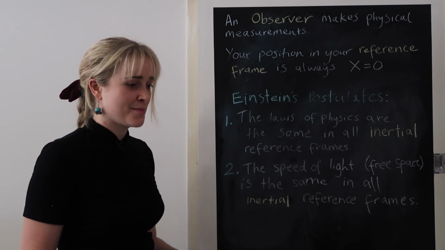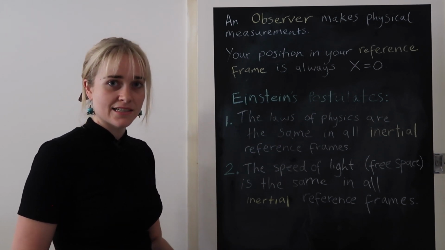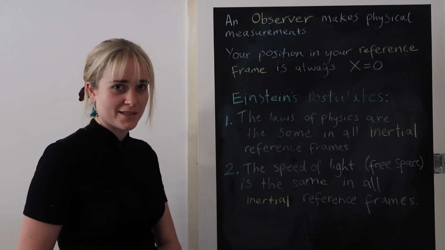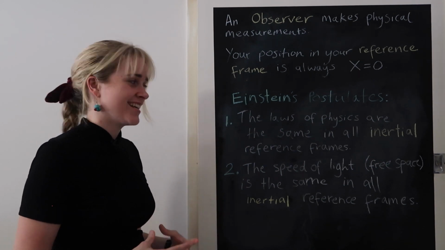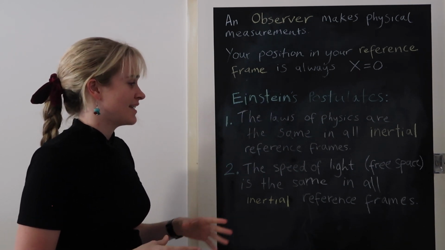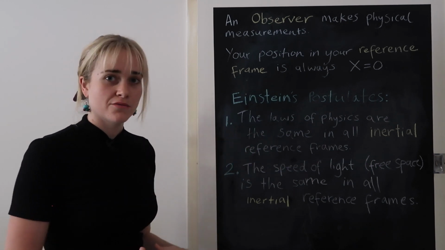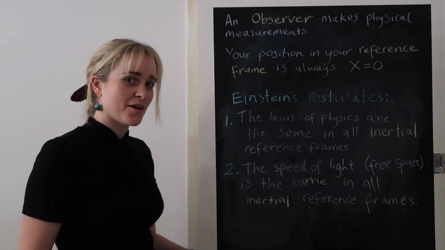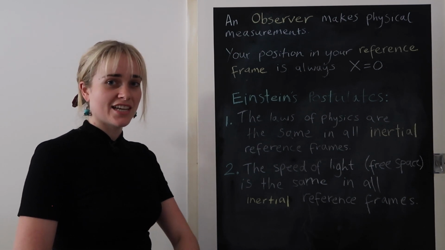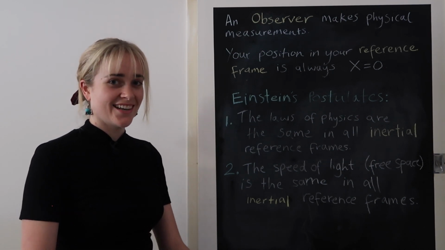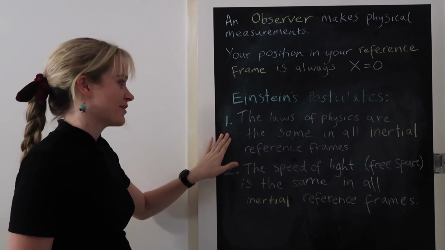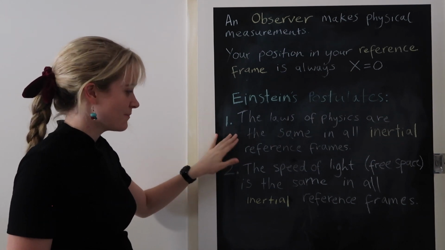It's a reference frame that is either staying still or is moving at a constant speed. Really, we're just not including accelerating reference frames, and I think this is what makes special relativity special, as opposed to general relativity, which can deal with acceleration and likewise gravity. So that's the first one, that the laws of physics will be the same.